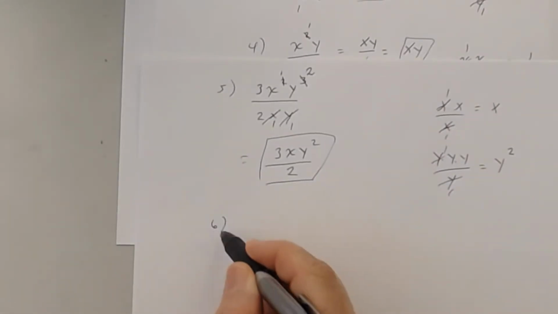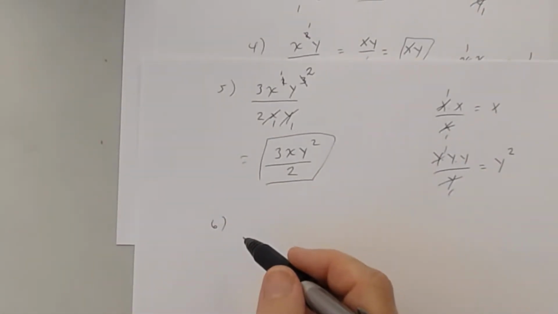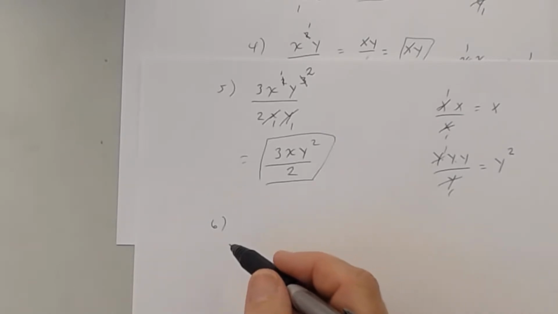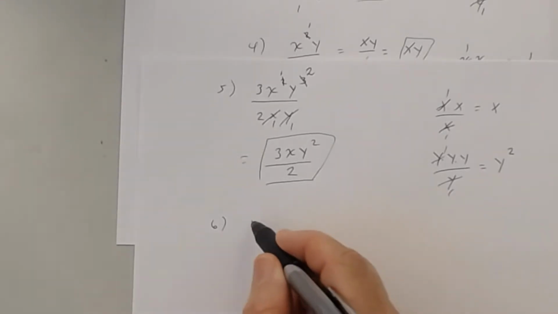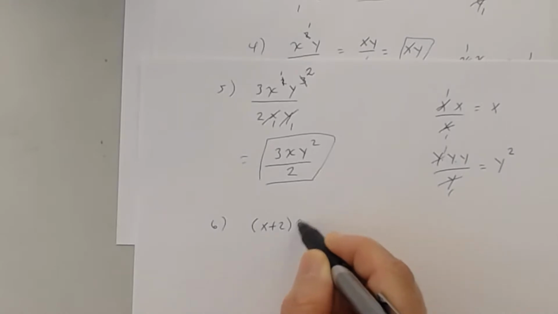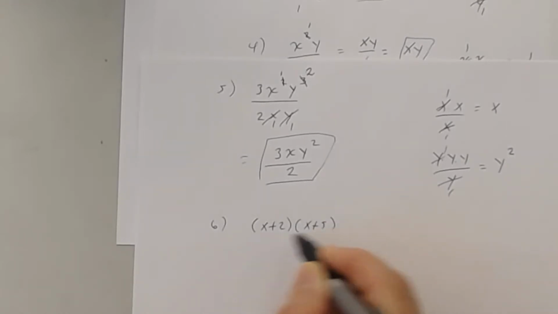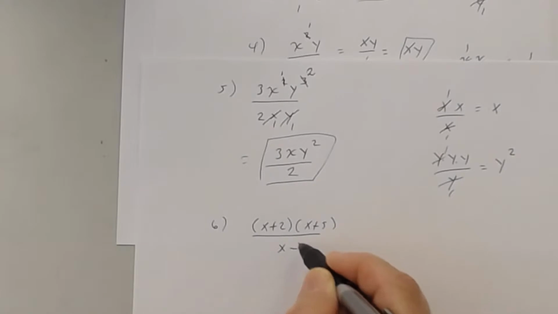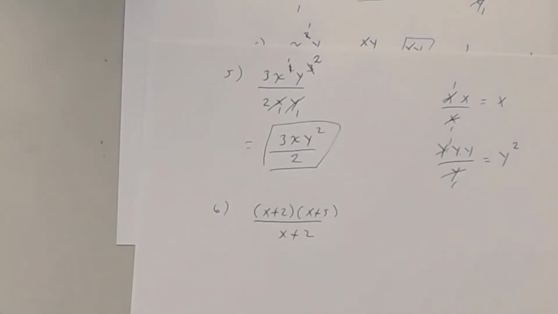Okay, number 6. All right, now remember, as we did this, we talked about those in terms of factors. So look at number 6. Suppose you had this. X plus 2 times x plus 5 divided by x plus 2. So if I look at the numerator, what do you notice about the numerator in comparison to the others?